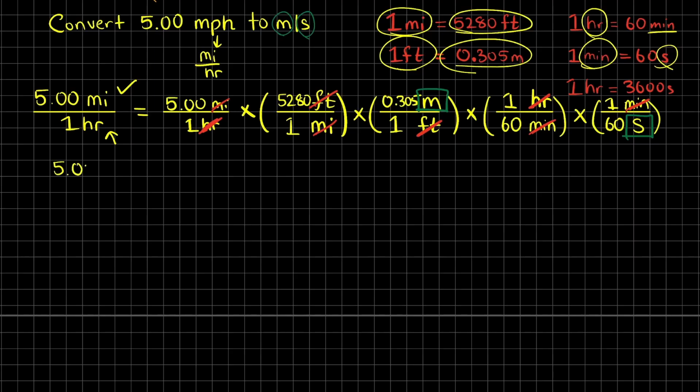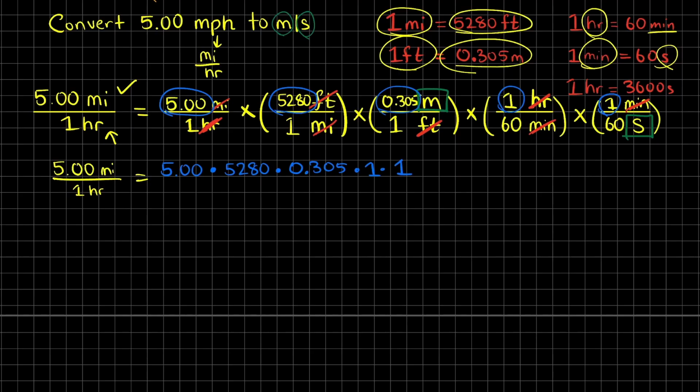So I know 5 miles for every 1 hour is going to be equivalent to. Next, we're going to do what I mentioned in the previous example. We're going to take all the numbers in the numerator. Here is 5. So I'm going to put 5.00 multiplied by the next number, 5,280, multiplied by the next number, 0.305, multiplied by the next number, 1, multiplied by the next number, 1.